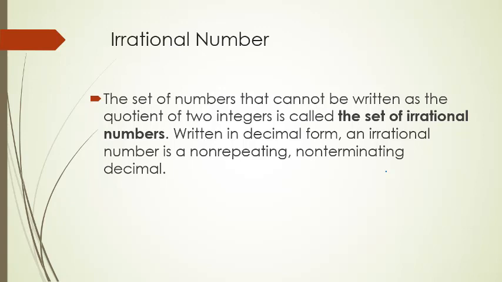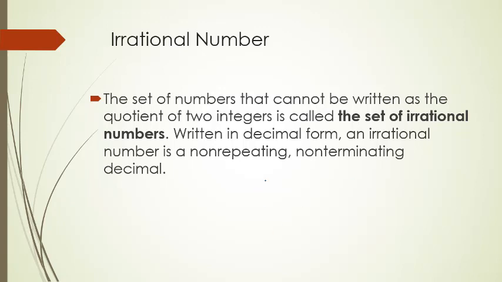The set of numbers that cannot be written as a fraction is called the set of irrational numbers. You can only write them in decimal form. An irrational number is a non-repeating, non-terminating decimal.